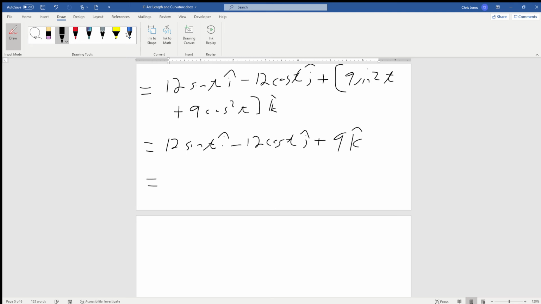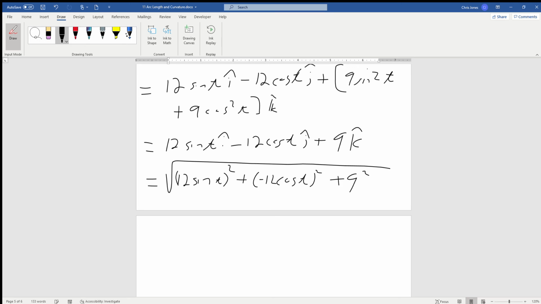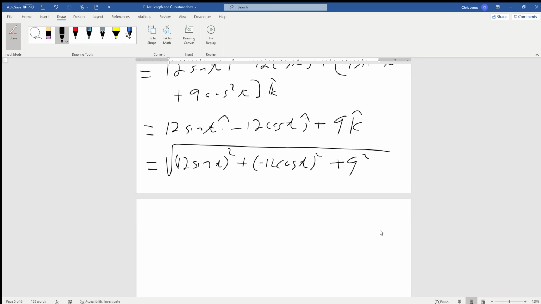If we find the magnitude, that's going to be the square root of (12 sin t) squared plus (negative 12 cos t) squared plus 9 squared. When we compute this, that's going to be 144 sin squared t, 144 cos squared t, plus 81.